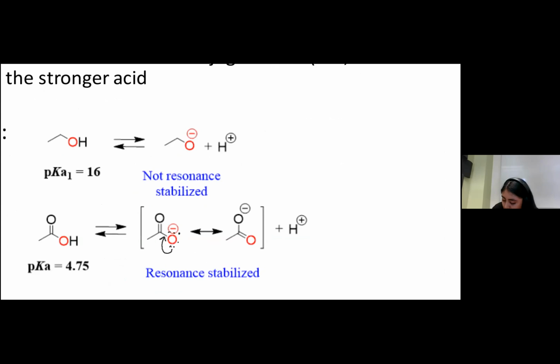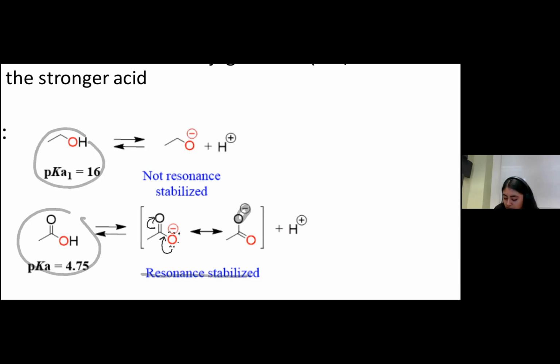These electrons can go here. And then the electrons in those bonds are going to go to this oxygen. And now this oxygen over here has that negative charge. So that negative charge is being delocalized onto oxygens, so there is more resonance stabilization in this molecule right here as compared to this one.